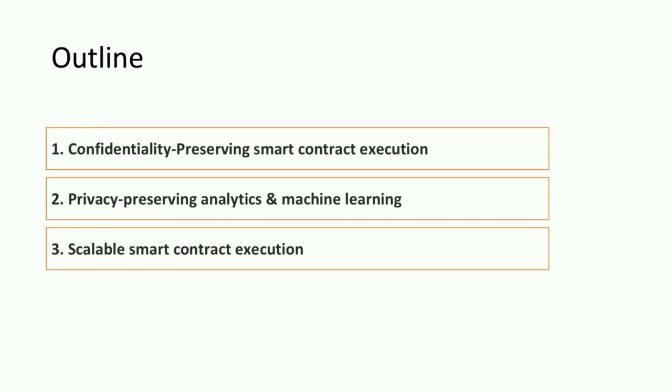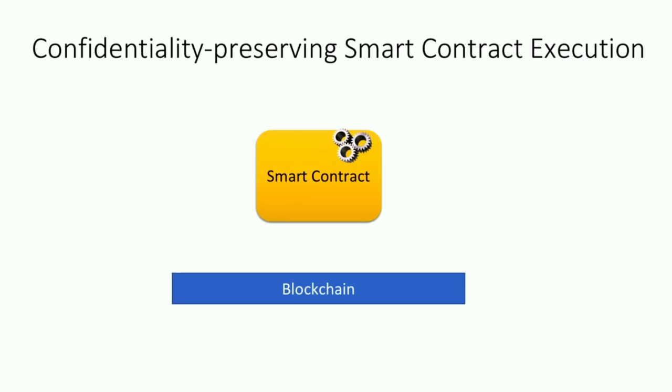So now let me talk about each component technology separately. First, let me talk about the confidentiality-preserving smart contract execution. Typically, as I mentioned, in most blockchains today, the data and compute are public on the blockchain, and hence they can only have very limited use cases.